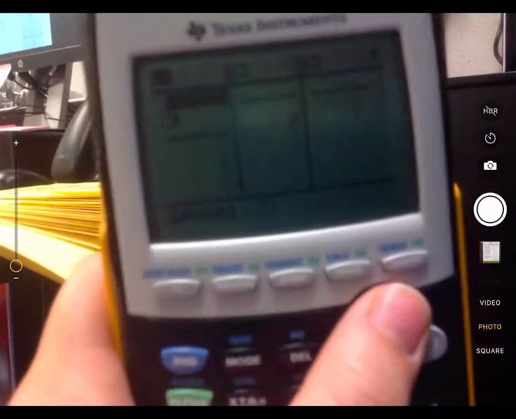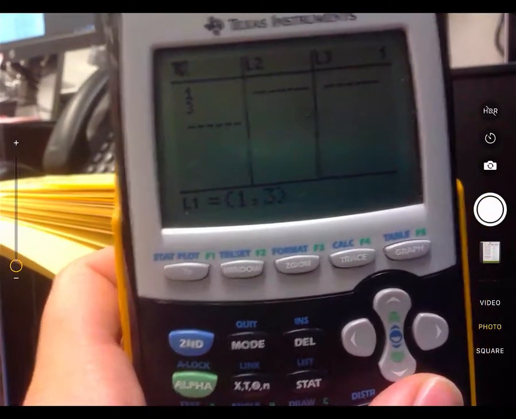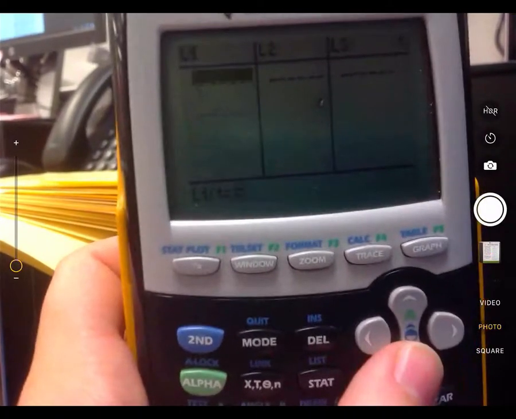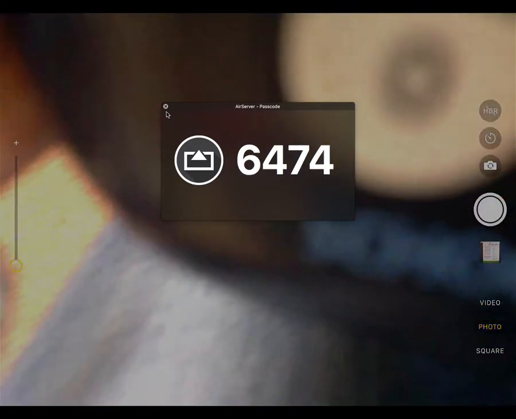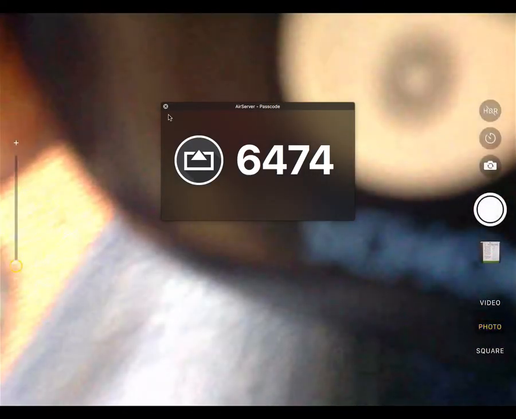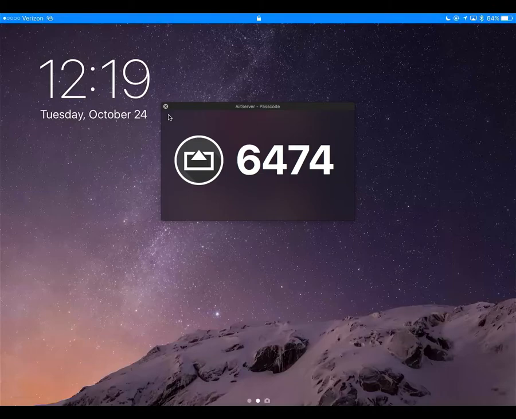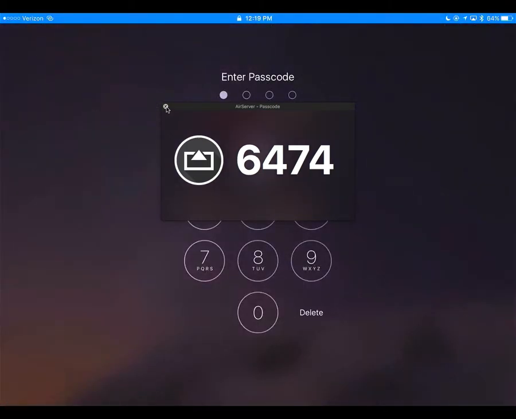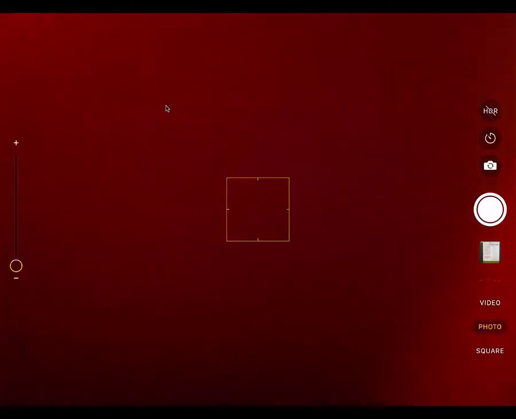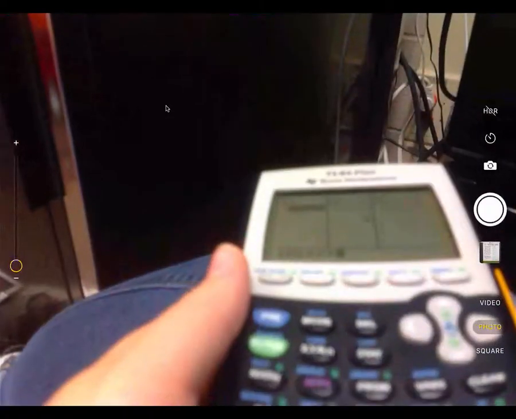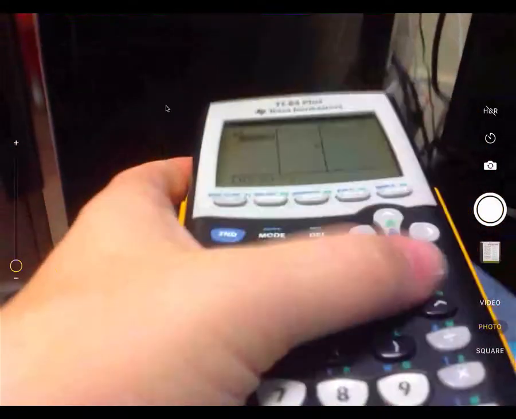So I scroll over to list 1, highlight list 1, click the clear button, and clear it out. Apologies. Okay. So now that this is all good to go, everything is empty, so I'm going to go ahead and fill it in.